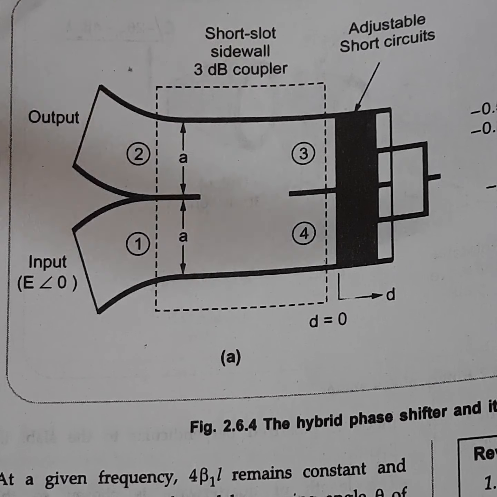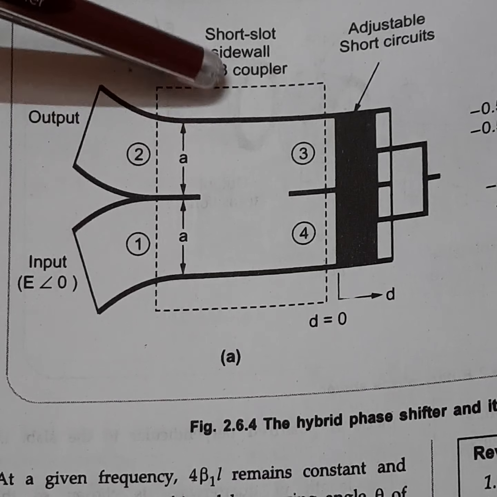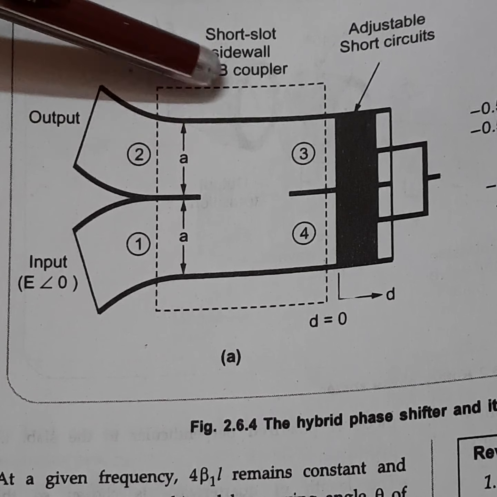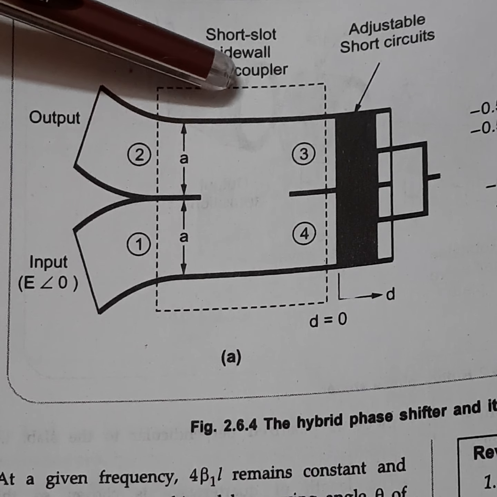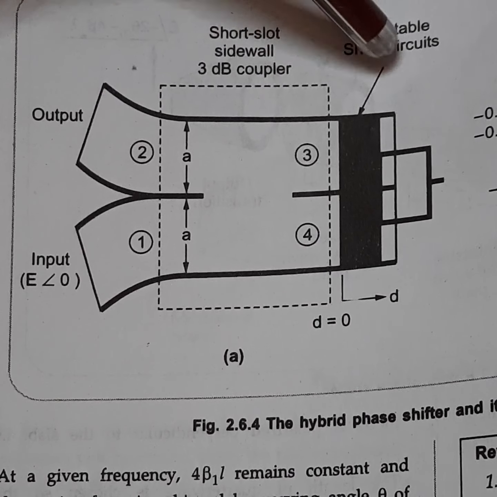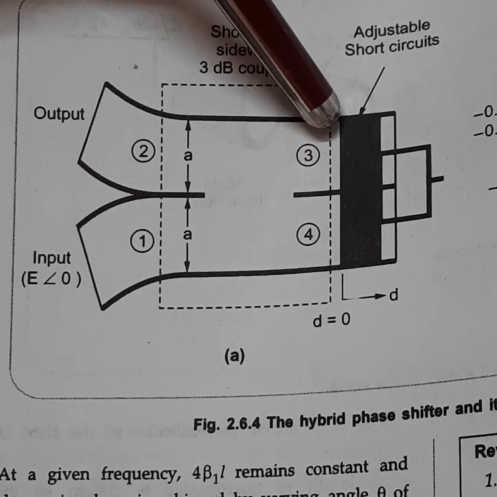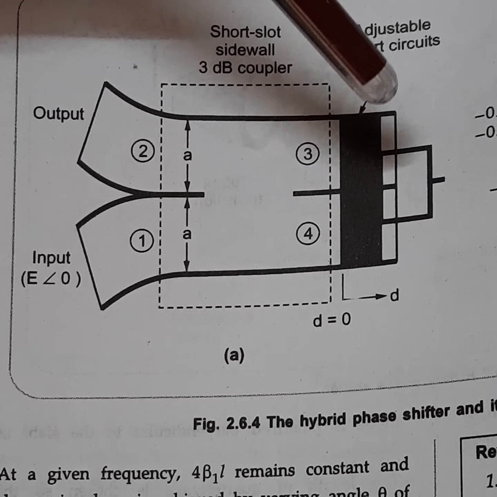So what all does it consist of? It consists of a 3 dB short slot coupler and a pair of movable short circuits. These shorts are mechanically connected as a single movable unit.